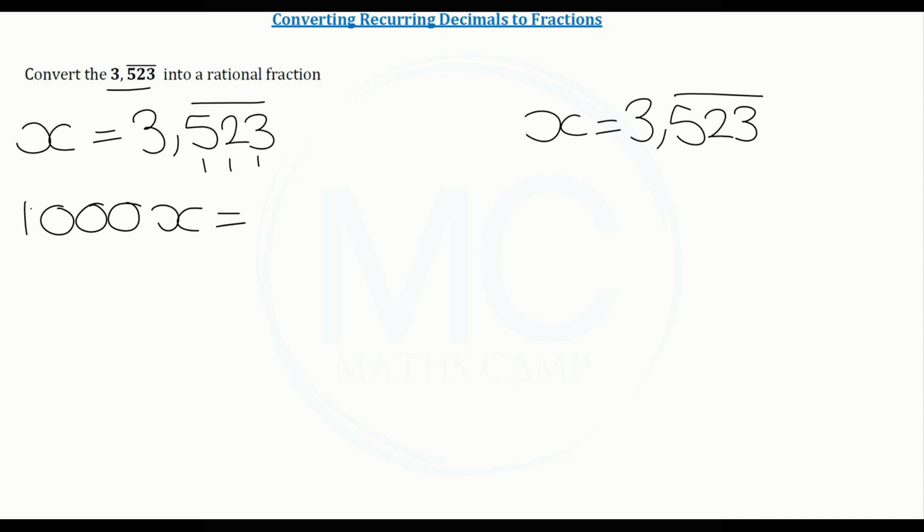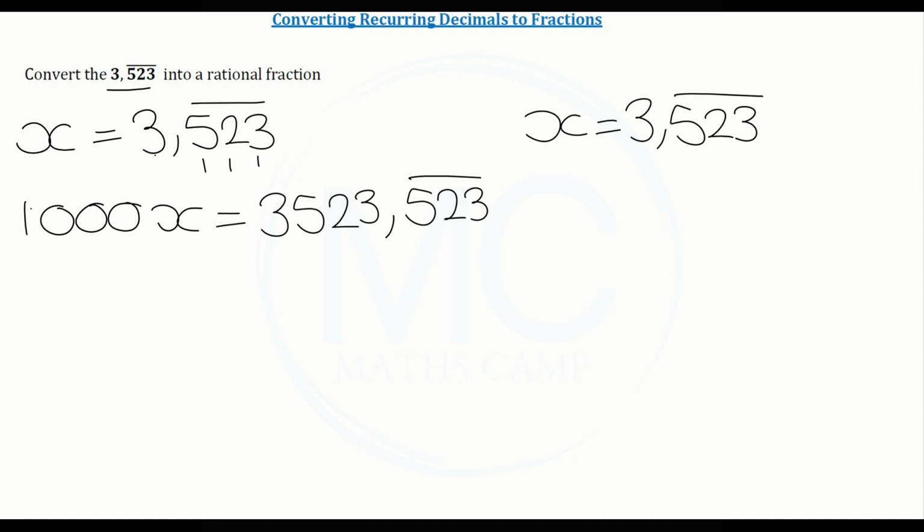Is equal to 3.523 multiplied by 1,000 gives us 3,523.523 recurring. Now for equation 2, we multiply x by 10 for every non-recurring digit after the decimal place.